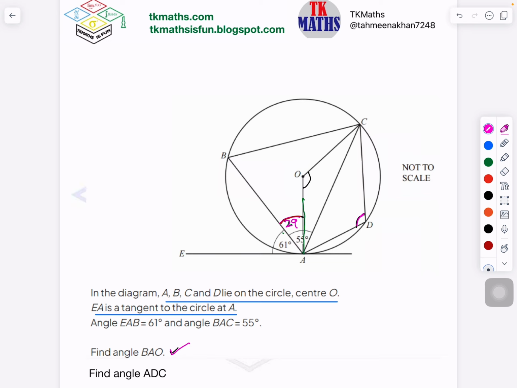Now we have to find out ADC, which is here. So what else do we have here? If this whole is 55, from 55, if I minus 29, I will get this angle, right? So what is 55 minus 29?